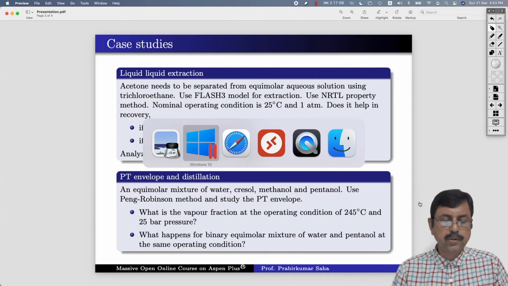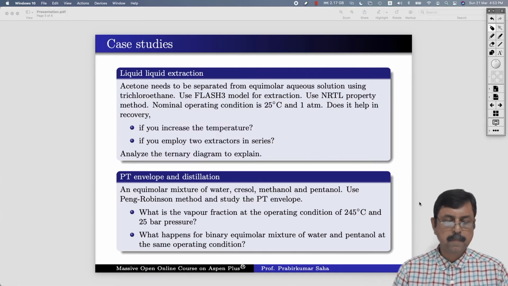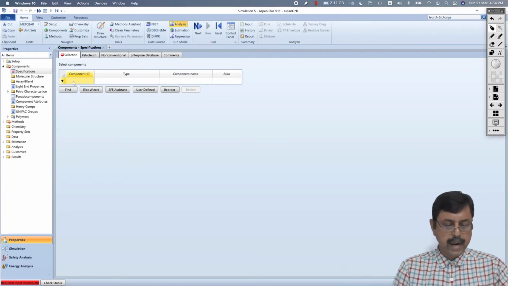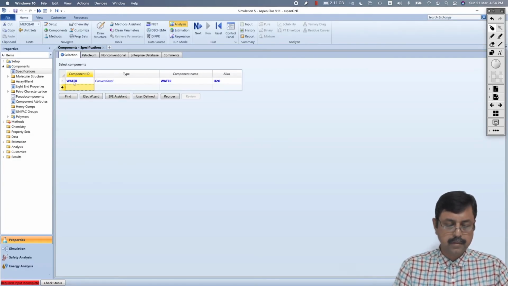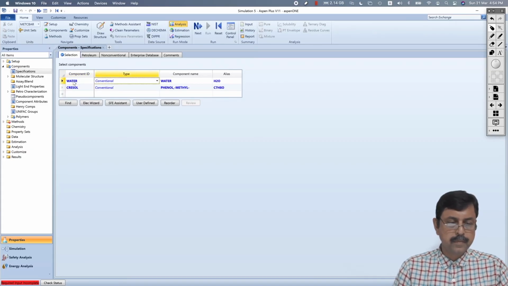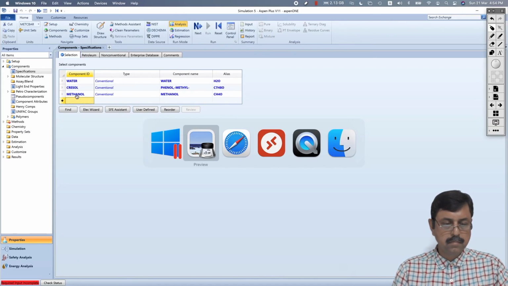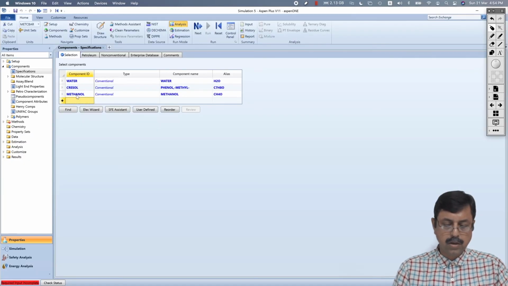For that, let us go back to our Aspen simulation window. Okay, so add water, cresol, methanol, and pentanol.